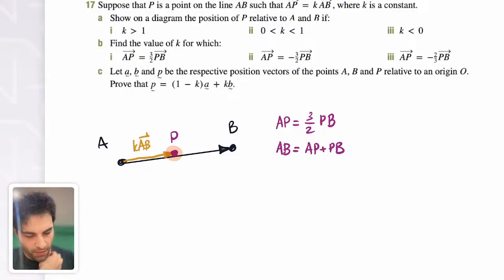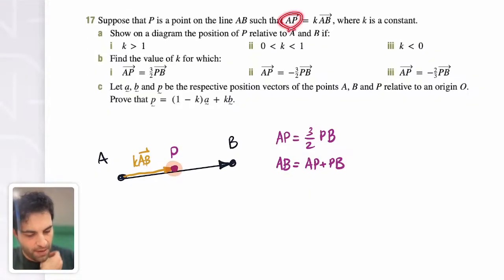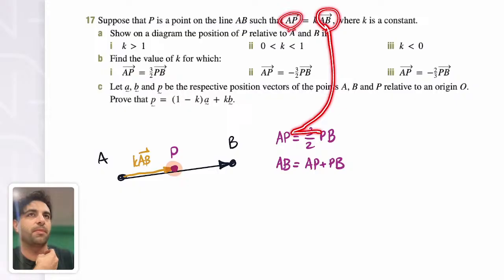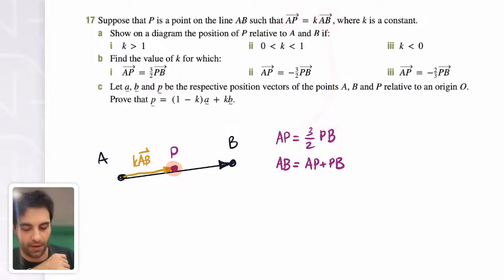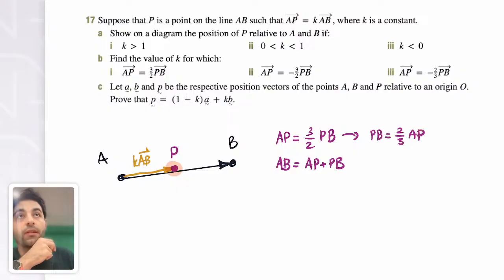So I want to rewrite everything, because I'm writing everything in terms of AP and AB. So I don't really like having a PB in there. PB is ugly, right? So let's get PB out of there. So I can say PB is going to be the same thing as 2/3 of AP. Everyone agrees with that? And then therefore, AB is equal to AP plus 2/3 of AP.